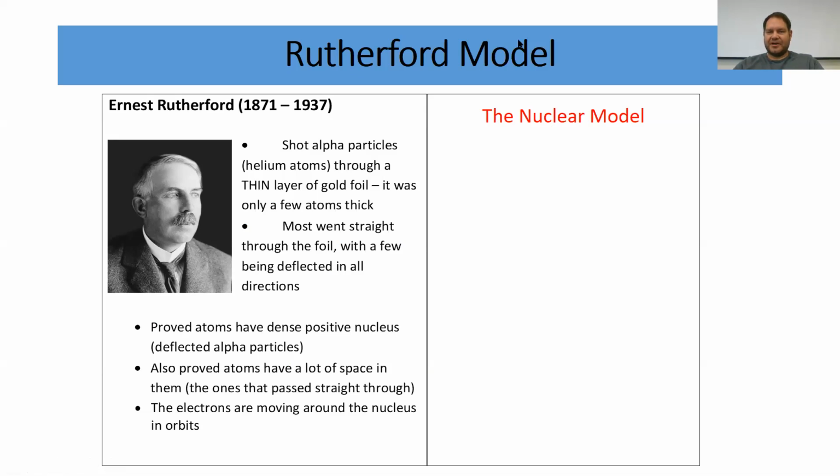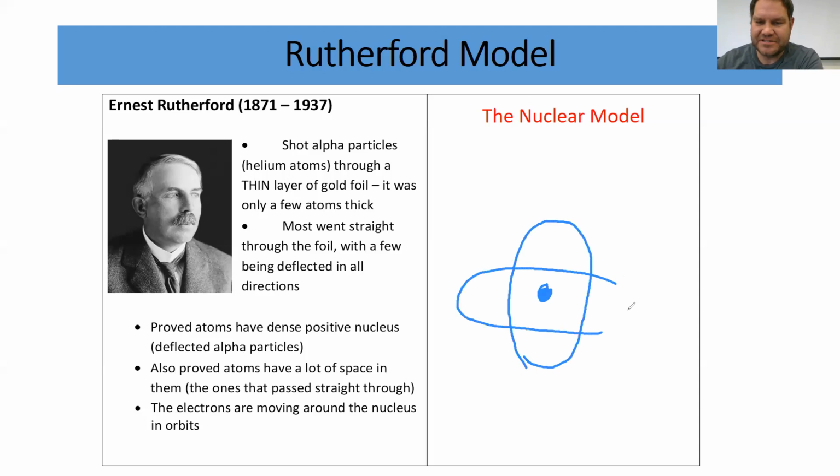And the nuclear model, we can diagram, where we take the nucleus of the atom in the center, and the electrons are attracted to it but revolve around the nucleus in some fashion. So his model looks like this.